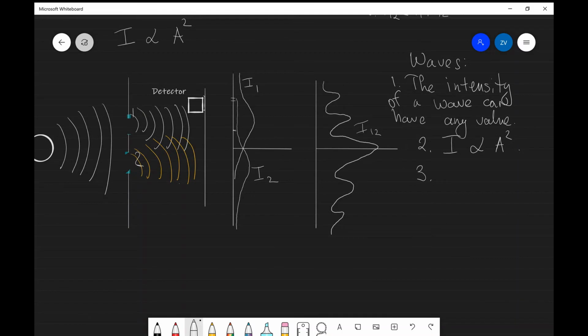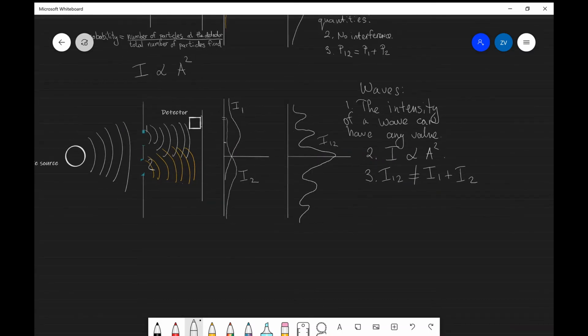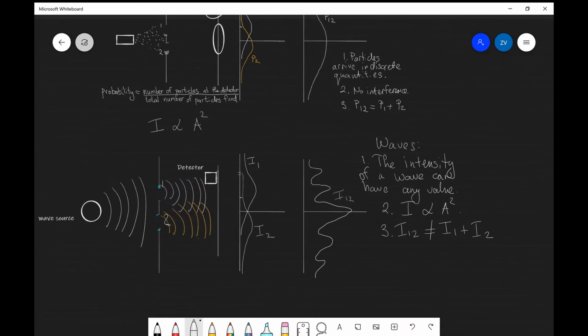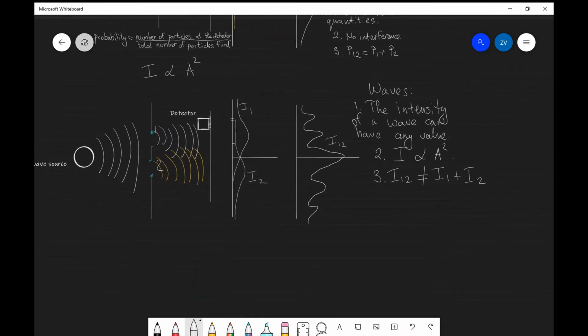Now I1 and 2 is not equal to the sum of I1 plus I2. Notice that this is very different from the behavior of particles. In particles, this curve up here was the mathematical sum of the other 2 curves. For waves, that's not the case.